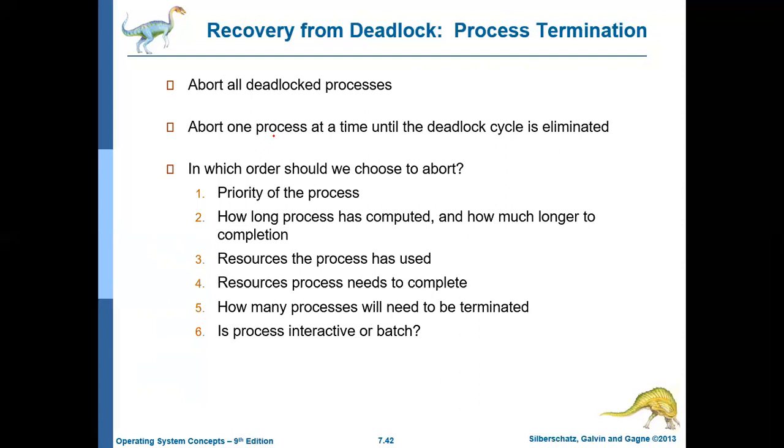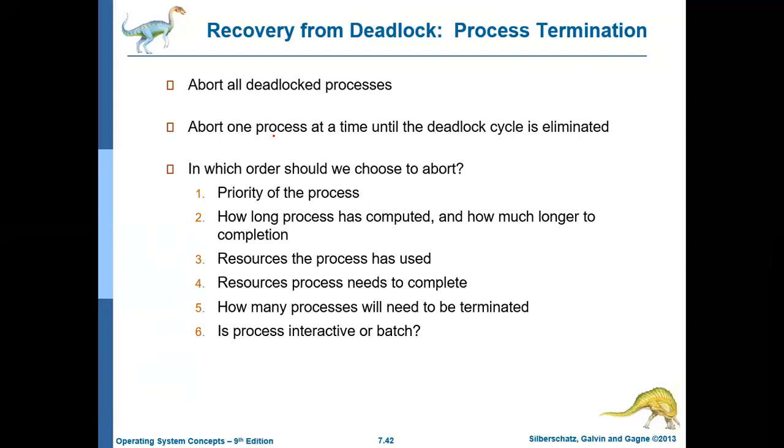Batch processes run in the background, so it is always better to stop a batch process because it is not going to affect any user. These are some of the factors based on which a correct process can be identified for termination. So this is about process termination to recover from the deadlock.